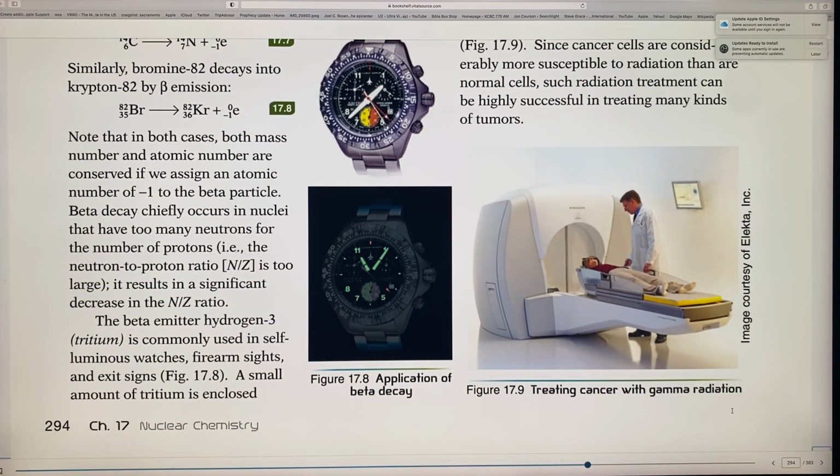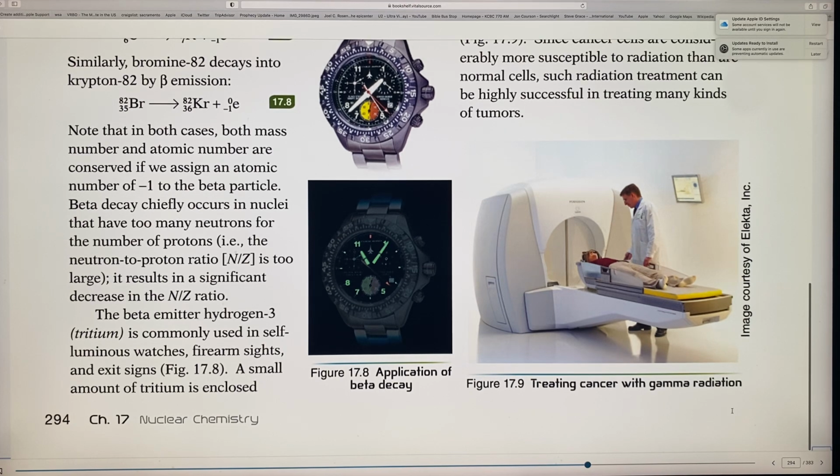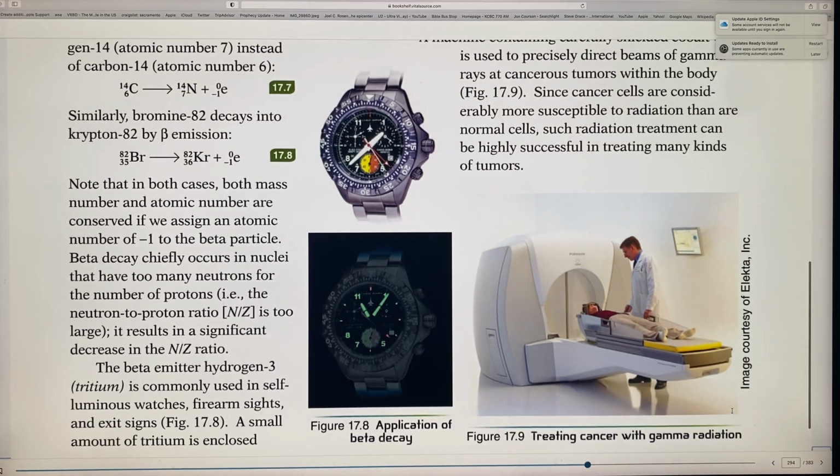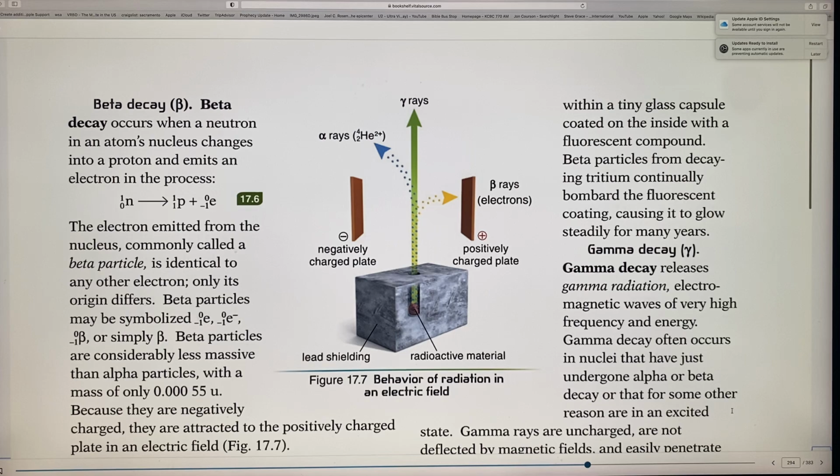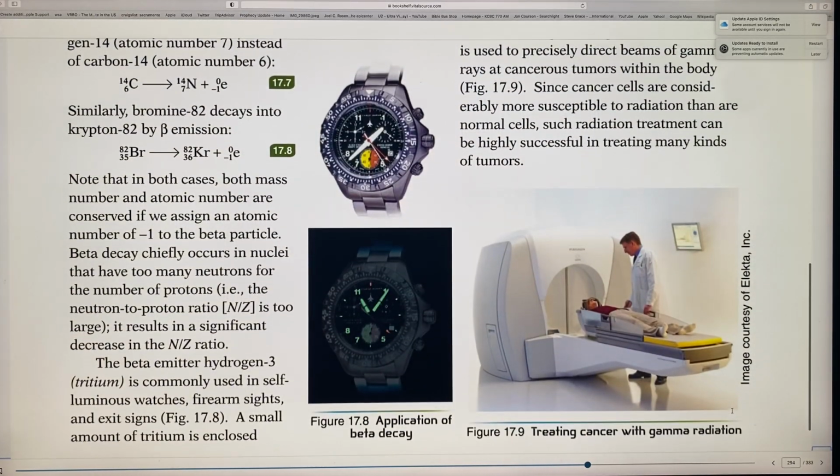Both the mass number and the atomic number are always conserved. So we know that. They're going to give you another example here, the beta emitter. Basically what they want to tell you here is how we use these beta rays. We see these beta rays, but can they be used for anything? Well, yes.